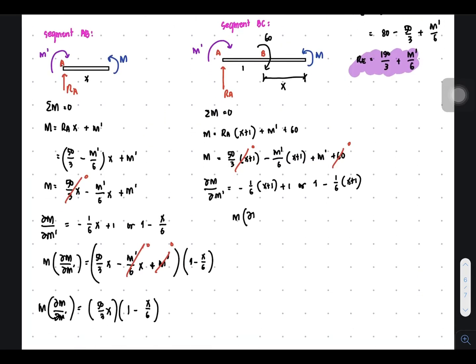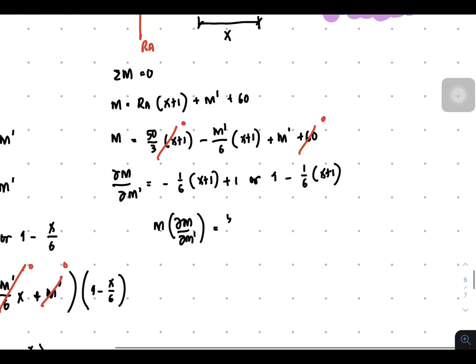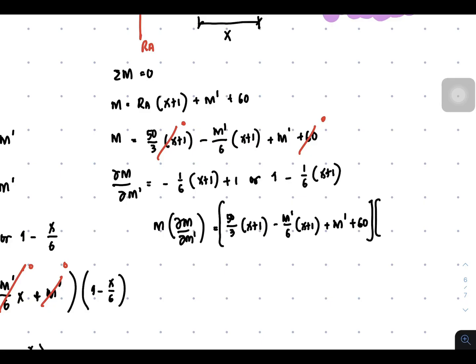So if we try to get the product of the two, m times the partial derivative of m prime, it's going to be 50 over 3 x plus 1 minus m prime over 6 x plus 1 plus m prime plus 60. And then you multiply it with 1 minus 1 over 6 x plus 1. And then we will be setting the value m prime to 0 to get now the final equation for this segment.